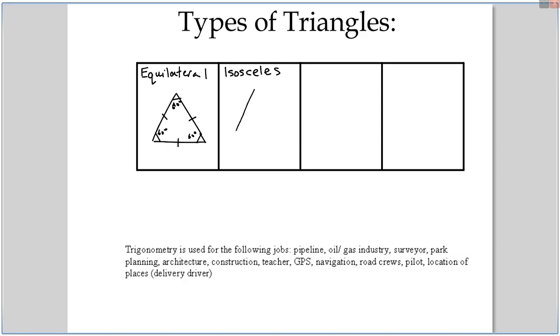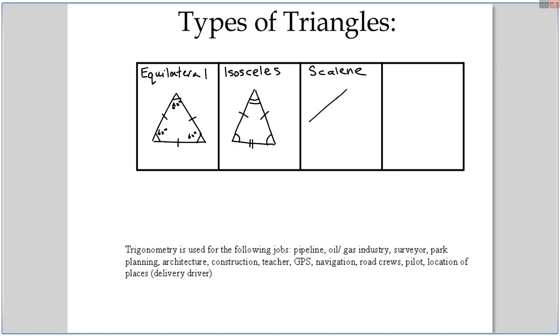Okay, so isosceles has only 2 sides that are the same. So boom, boom. So the 2 angles would be the same. The down in the corner, the 2 angles would be the same. So that's isosceles. That's when 2 sides are the same. And do you see these little ticks I put on the sides? What does that mean? That means they're the same. So if I put a double tick there, that means that one's different. Okay. Now what's the third type? Scalene.